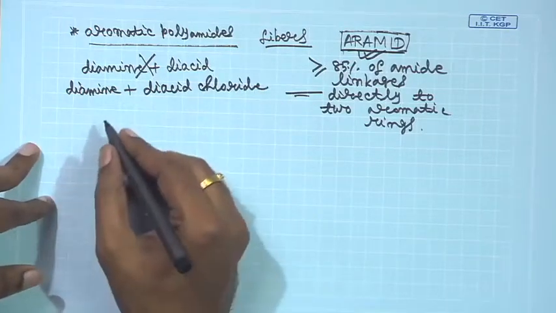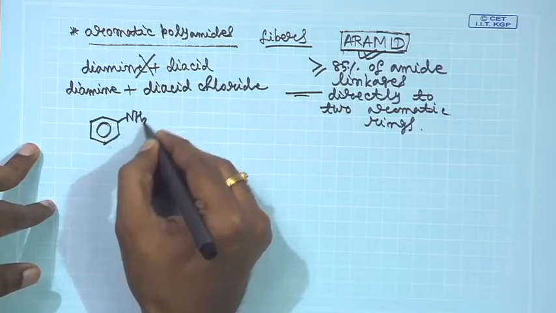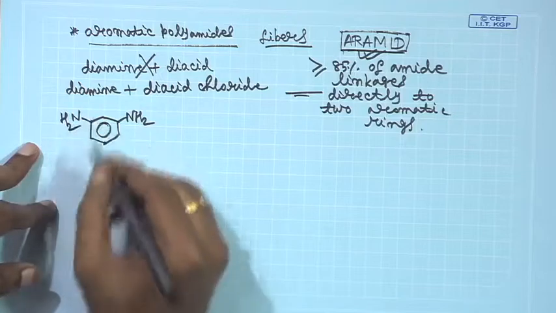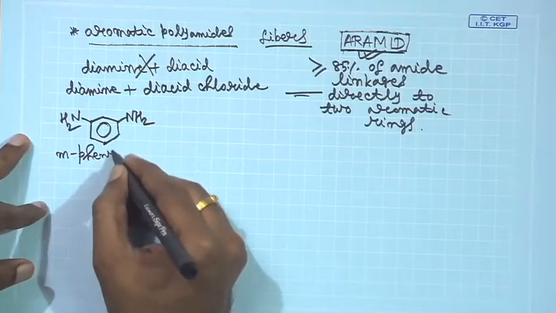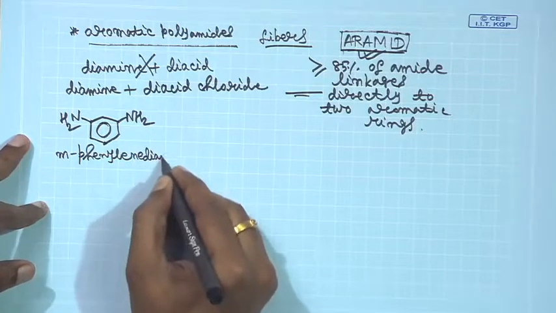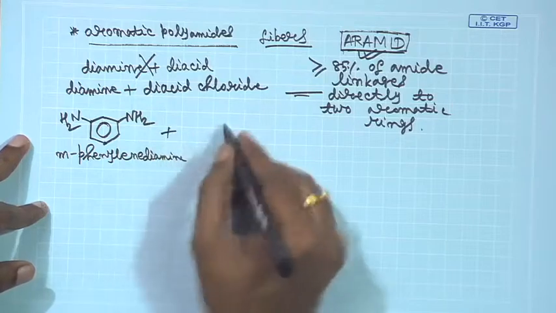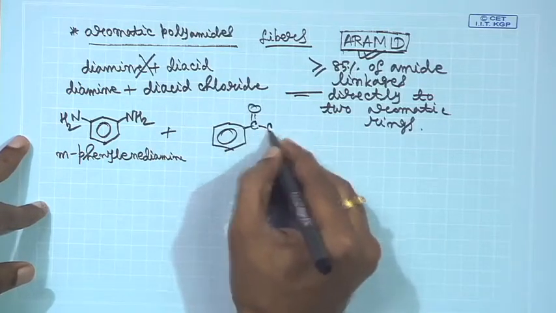So, an example could be, let us say you react this diamine, this is actually metaphenylene diamine. You react that with this diacid chloride.